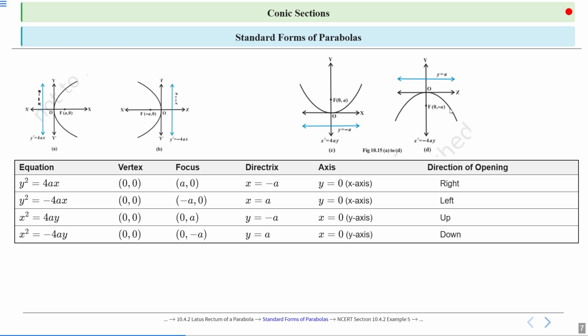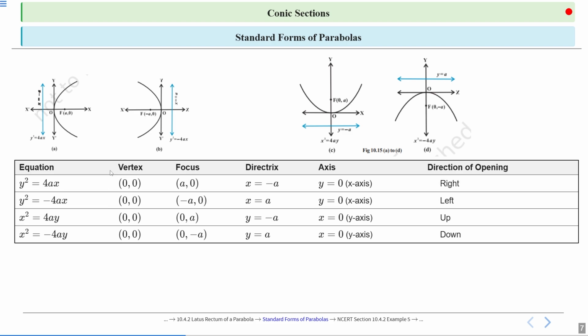So when the coefficient of y is negative, in that case the parabola opens downwards. Try to remember this point. For y square equal to 4ax, when the coefficient of x is positive, it opens to the right. When the coefficient of x is negative, it opens to the left. When the coefficient of y is positive, it opens upwards, and when the coefficient of y is negative, the parabola opens downwards.